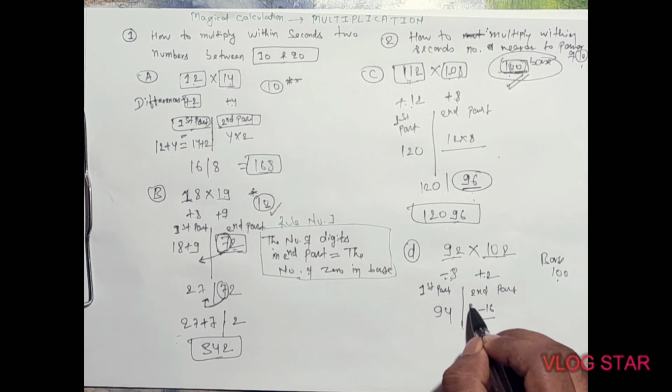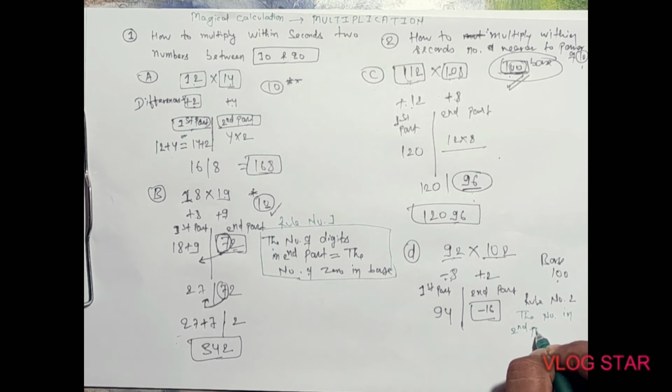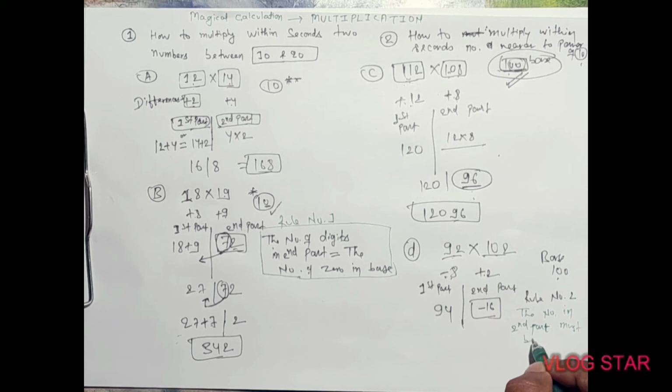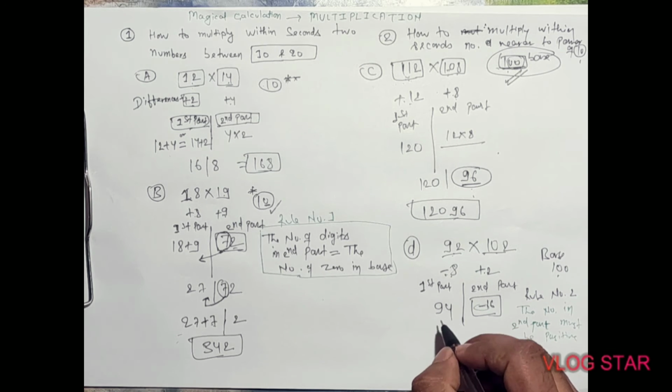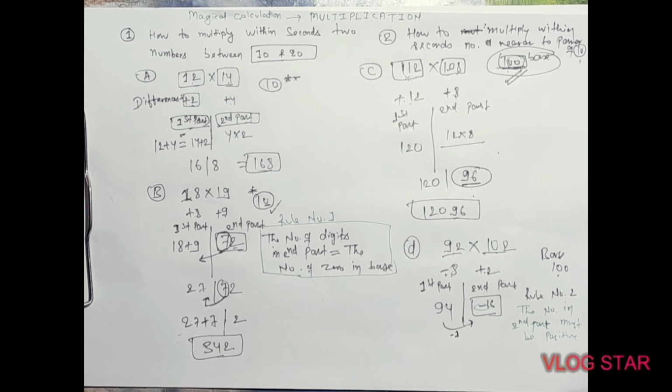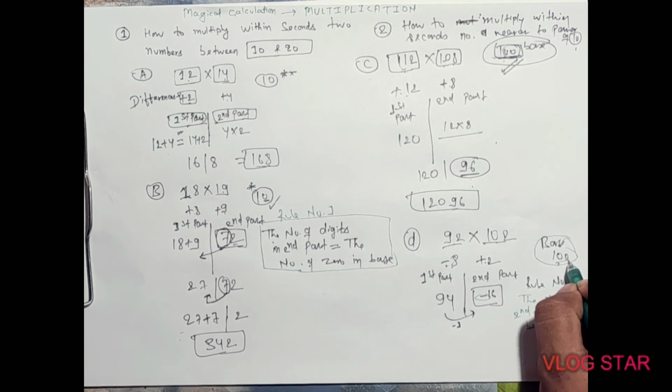Now here comes rule number 2. The number in the second part must be positive, but here we get a negative number. So what will you do? We will borrow 1 from the first part. Our base is 100, the number of 0s is 2.